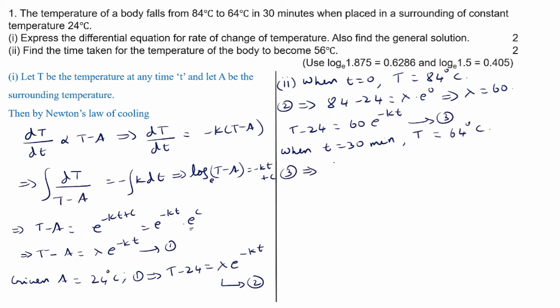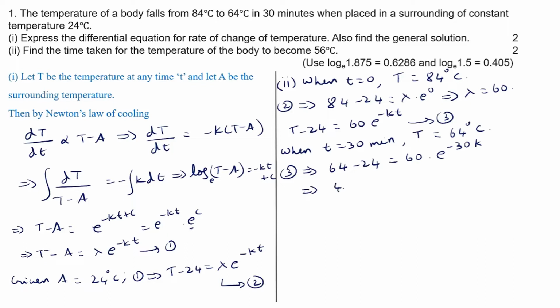So from this third equation we have 64 minus 24 equal to 60 into e raised to minus 30k. Here we are substituting for T as 64 and the time small t as equal to 30. So we have this expression.